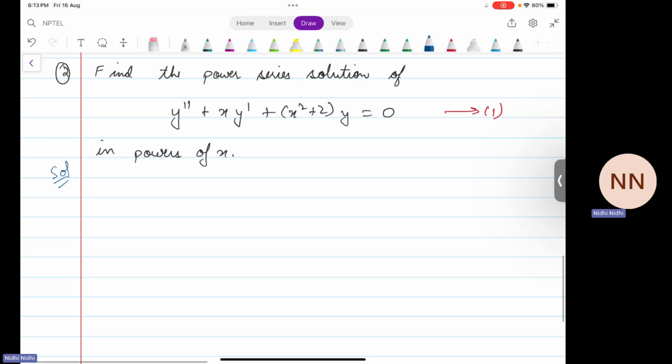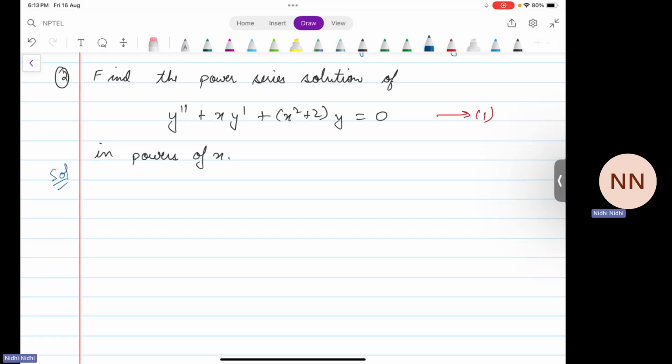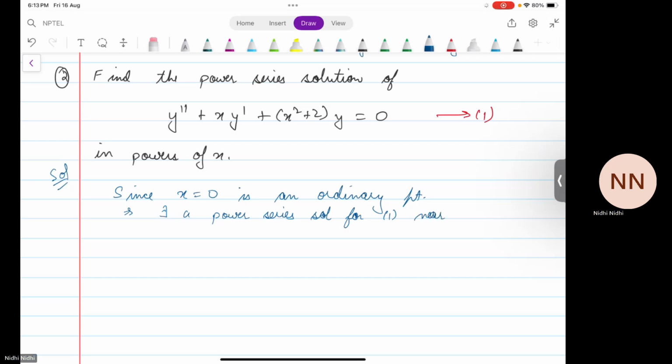Since x equals to 0 is an ordinary point, this implies there exists a power series solution for 1 near 0.